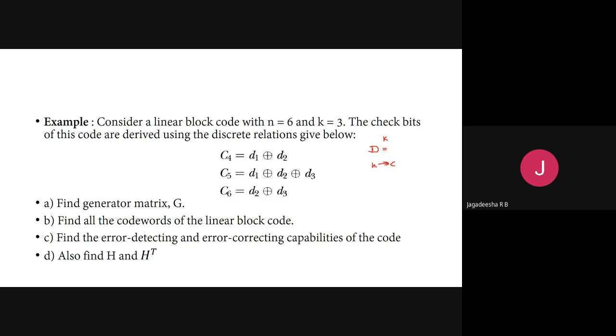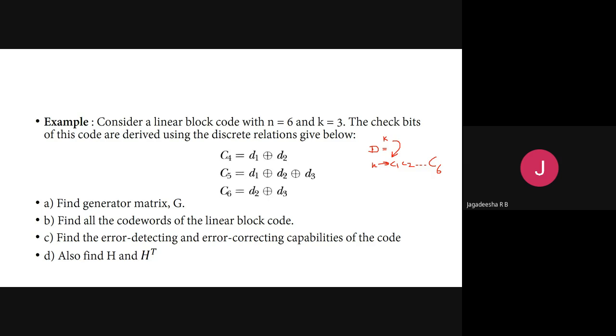So when you convert it into code words, you will have C1, C2, C3, C4 up to C6. So many bits you have in the code word. Basically, you need to transform these K bits into a code word of N bits.